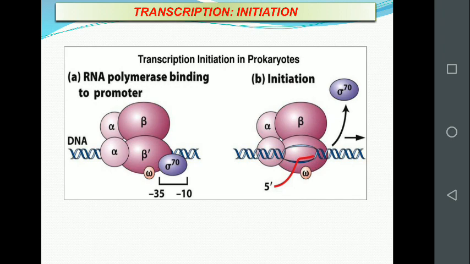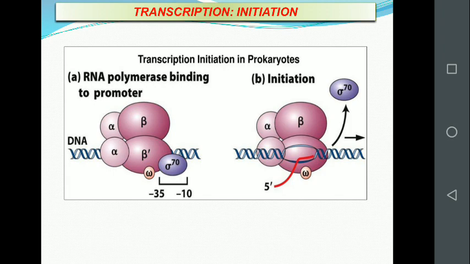Once RNA polymerase binds the promoter region, it unwinds the DNA at the coding region and starts the synthesis of RNA by utilizing the template strand. Once 3 or 4 nucleotides of mRNA are synthesized, the sigma factor will be released.